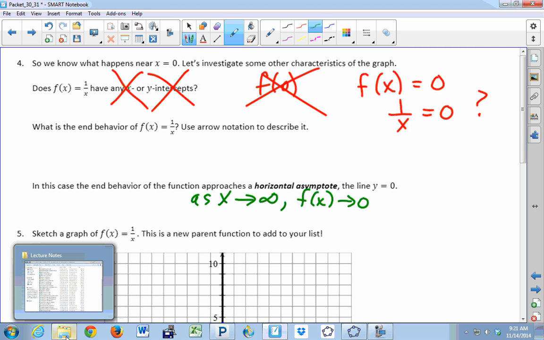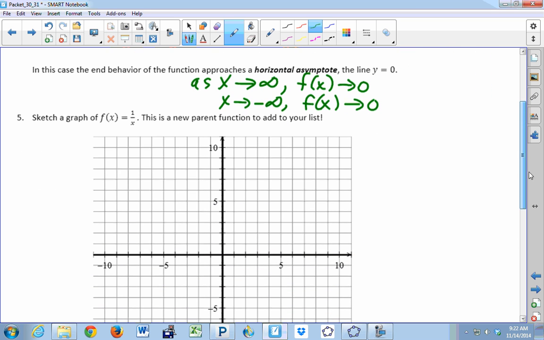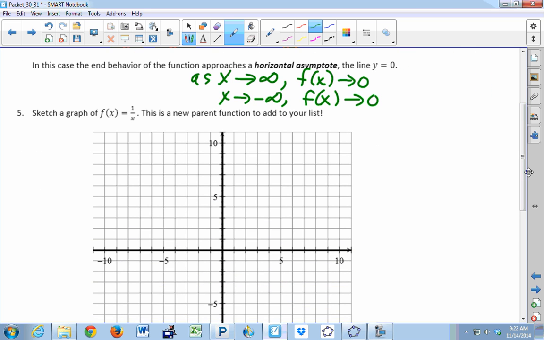It gets very close to the x-axis. As x approaches negative infinity, the value of my function also approaches 0. So the graph of your reciprocal function looks exactly like what we just saw on the other page, and I'll draw it for you. It looks something like this.